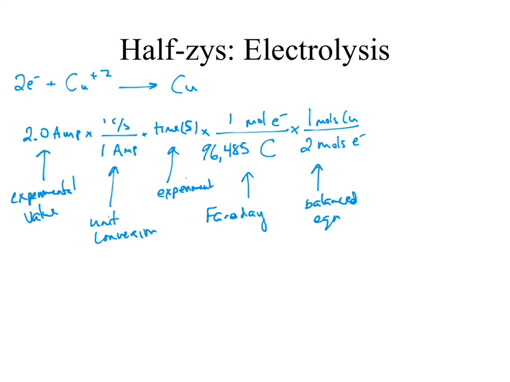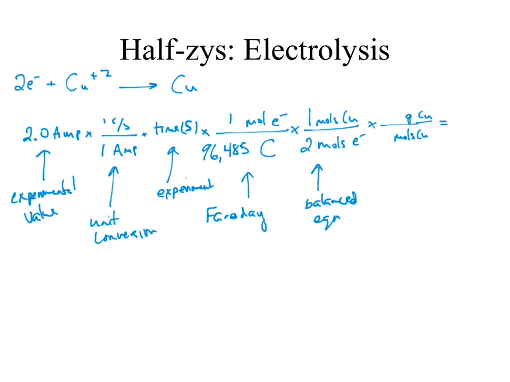What does that then tell us? For that amount of current, we should be able to now convert to moles of copper. What we can do is take this a step further and convert this into grams of copper. How do we convert from moles to grams? We can use the molecular weight.